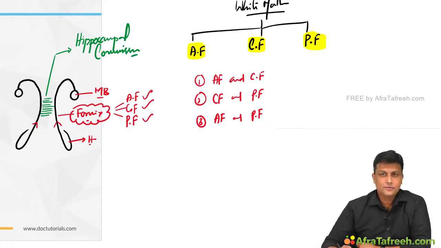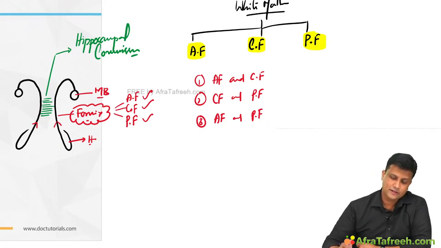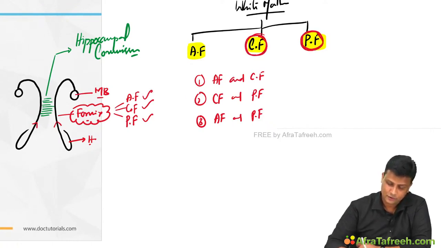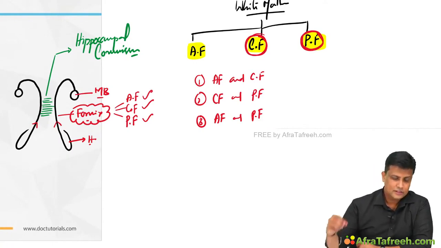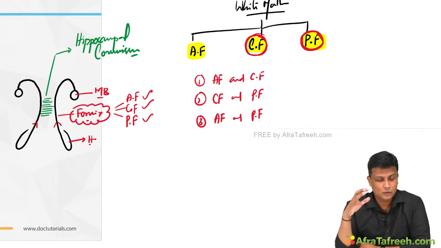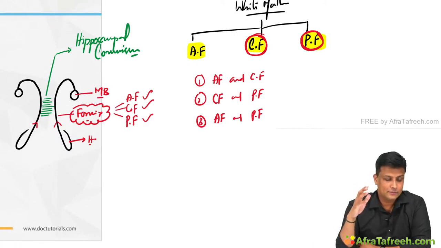Remember, if the options are given in this manner, your fornix will be belonging to both of these categories, mainly your projection fiber as well as the commissural fiber. See, the projection fibers are the ones which are projecting from the cortex to the subcortical region.